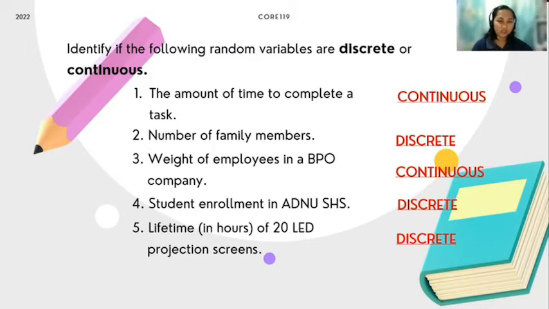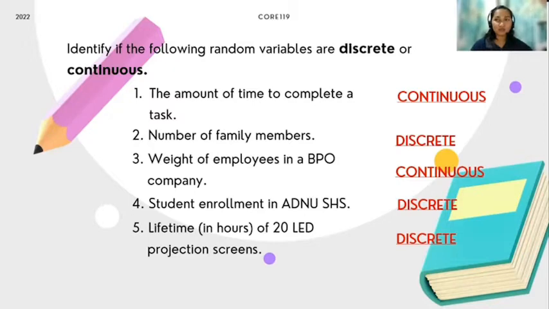Since what we are concerned with is the number of hours of the LED projection screens, we are counting the lifetime of these projection screens in hours. It can be 2 hours, 3 hours, 5 hours, 20 hours, 30 hours, and so on.